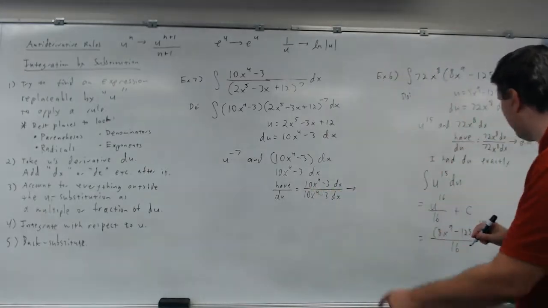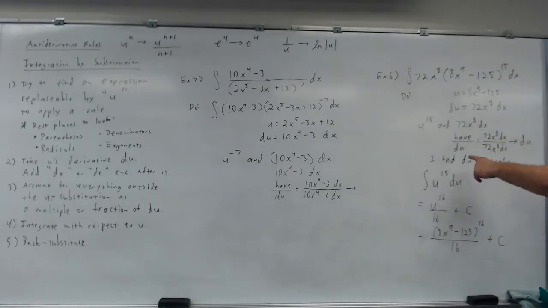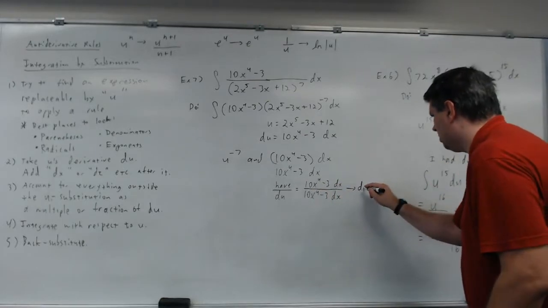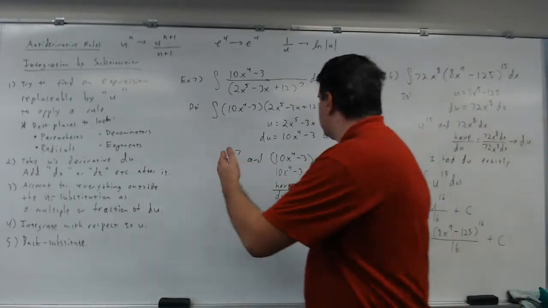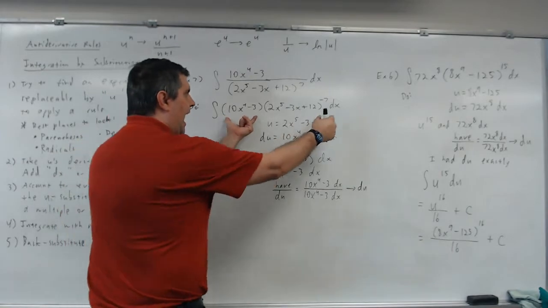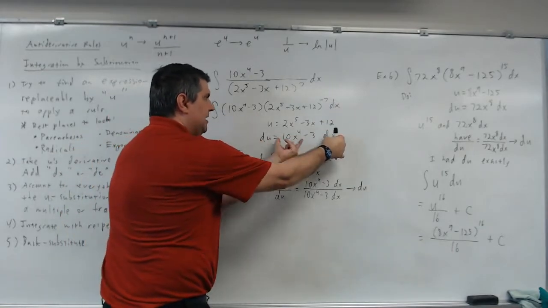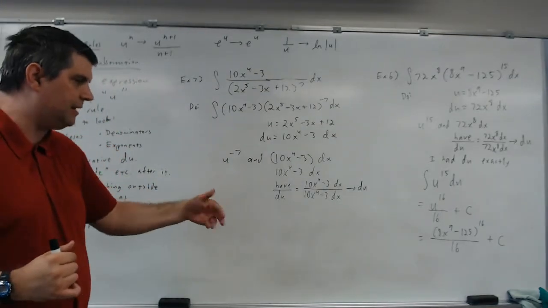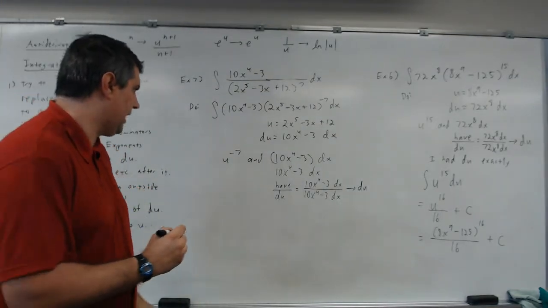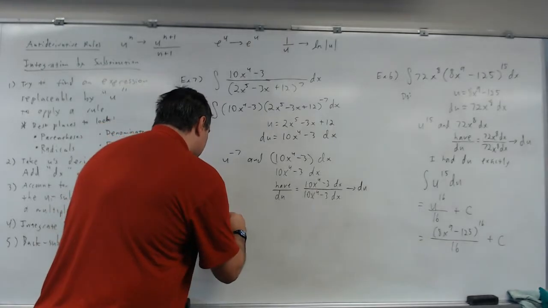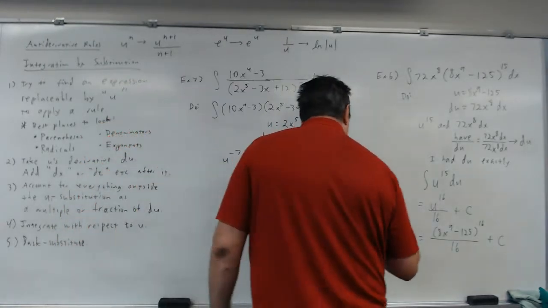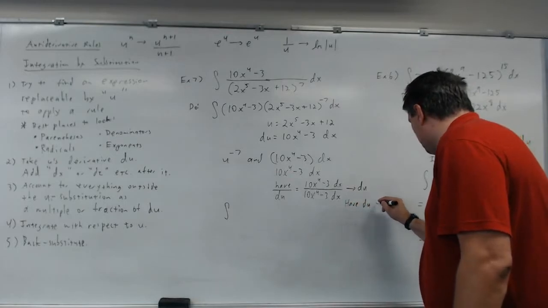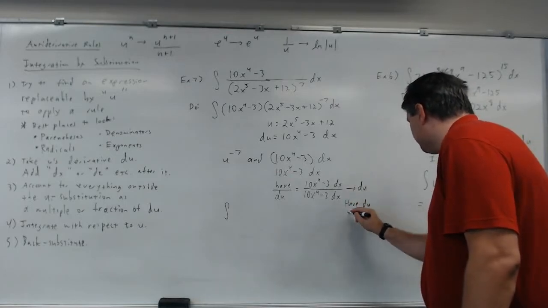And once again, like with the previous example, I have exactly du. So outside the u substitution, I had something that exactly matches du. Again, that can happen, and it happened again. So I have du exactly.